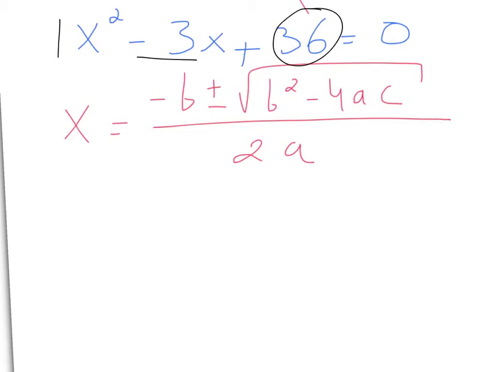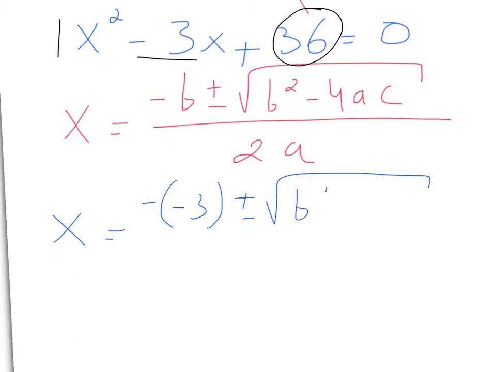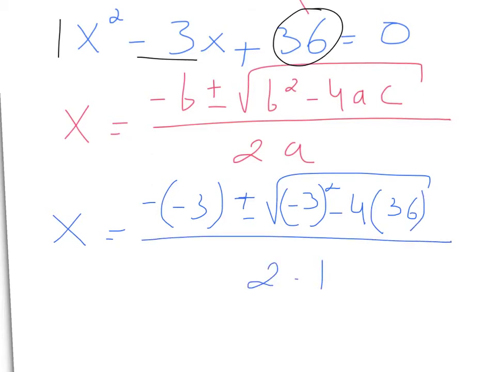So x equals minus b, so negative negative 3, plus or minus the square root of negative 3 squared minus 4ac, over 2 times 1.